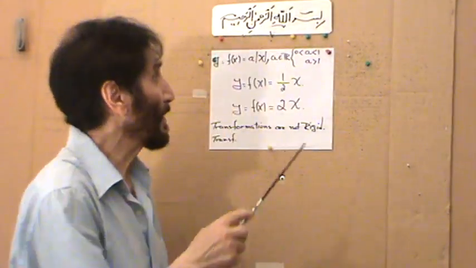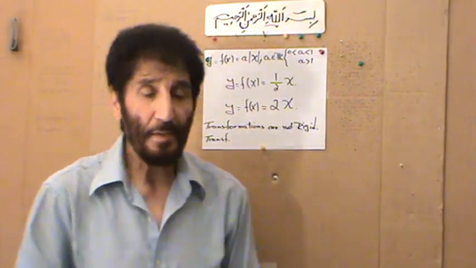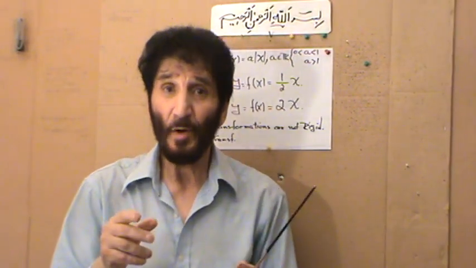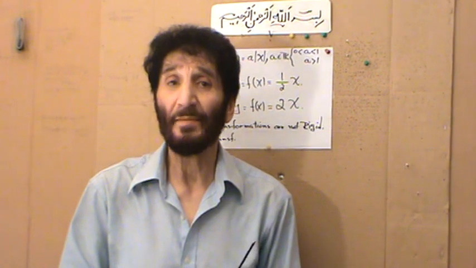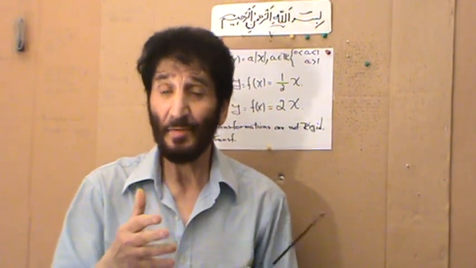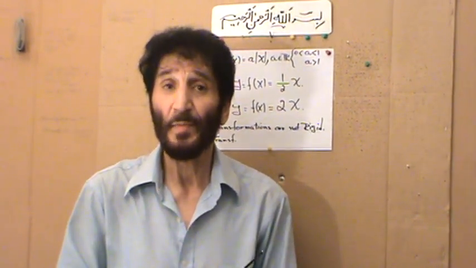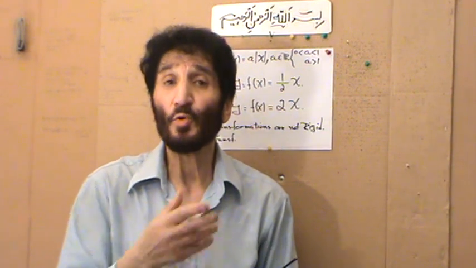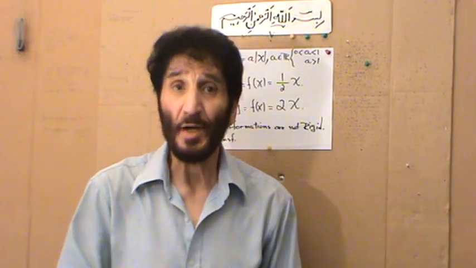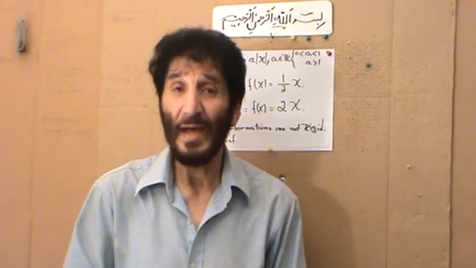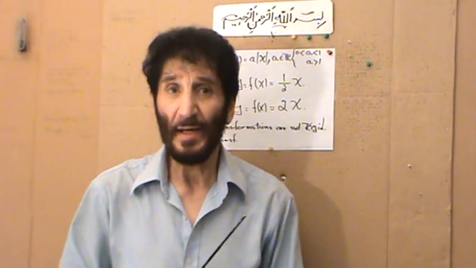Now, here I selected a to be a number between 0 and 1, and I selected 1/2 as a typical representative of all the numbers between 0 and 1. And then I selected the number 2 to be a number to the right of 1 as a typical representative. And then I take the picture in my head.